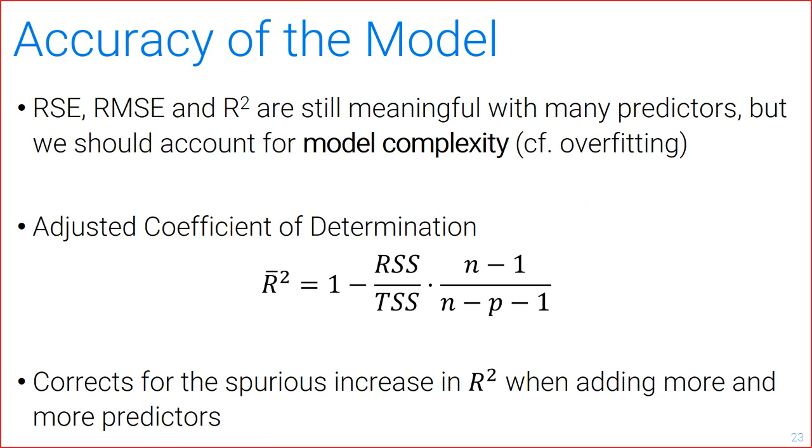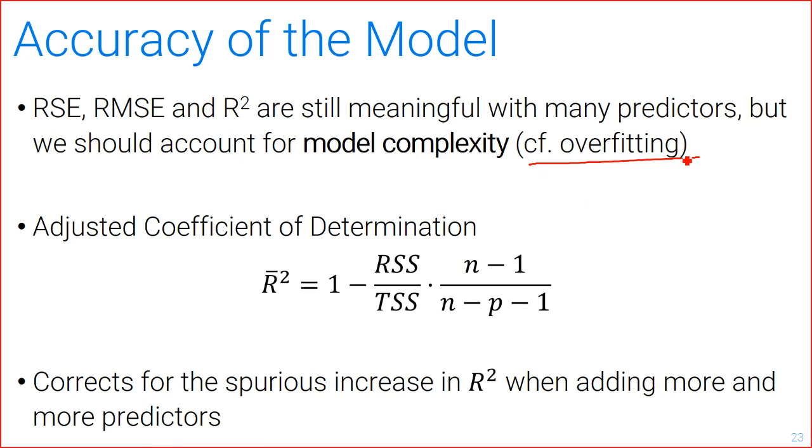And now when we face a multiple linear regression model, we can also compute the residual sum of squares, the RMSE, and the R-square. Everything is still meaningful with many predictors. But the thing is that, if you remember, we could start overfitting the model just by including more and more parameters, more and more features in this case.